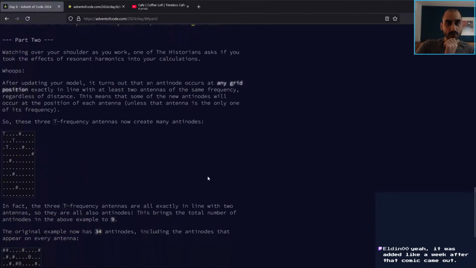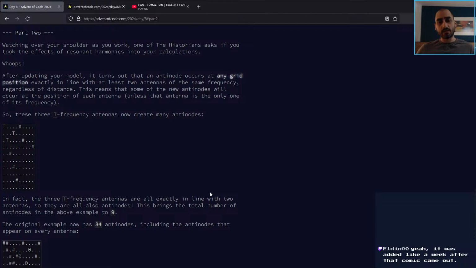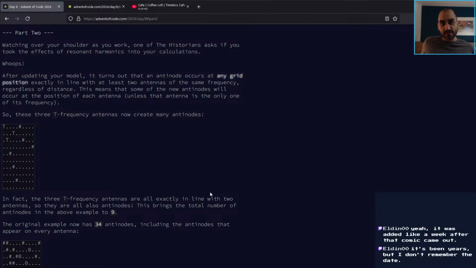All right, part 2. Watching over your shoulder as you work, one of the historians asks if you took the effects of resonant harmonics into your calculations. Whoops! After updating your model, it turns out that an antinode occurs at any grid position exactly in line with at least 2 antennas of the same frequency, regardless of distance.